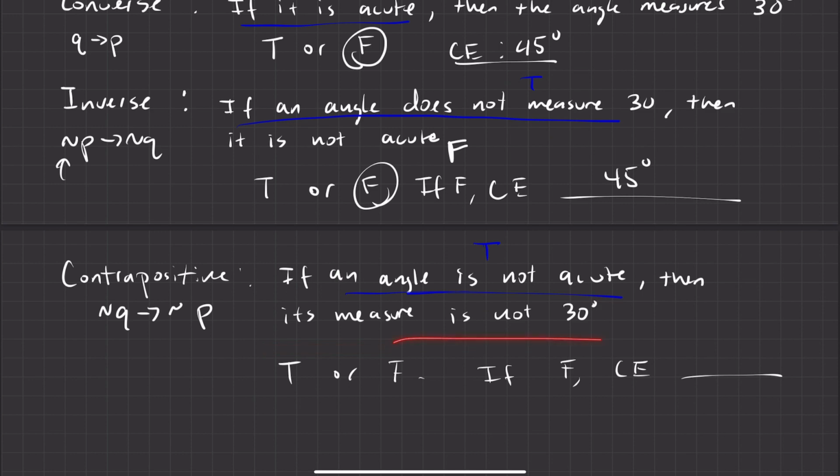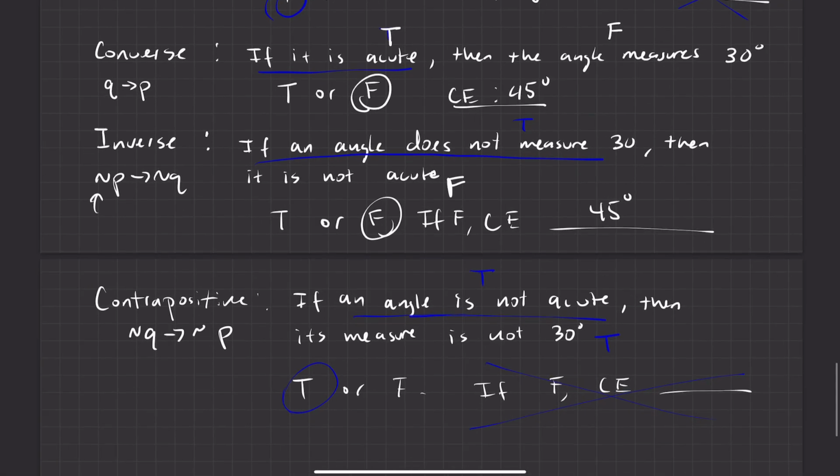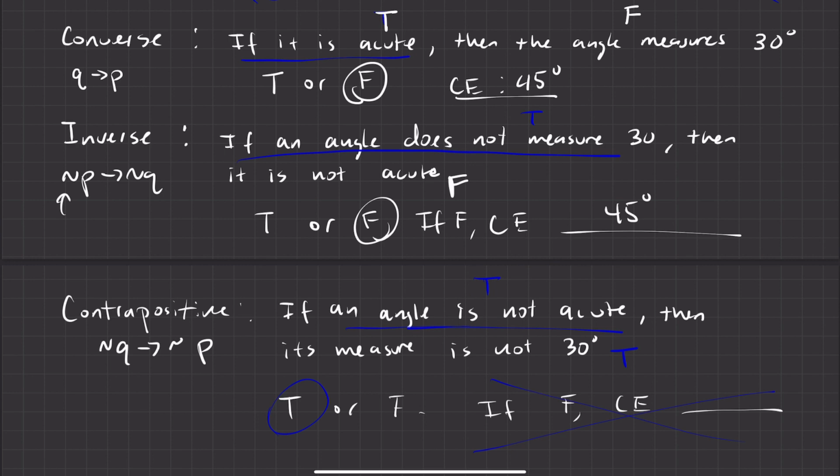It can't be 45. It can't be 65. It can't be 78 if I wanted to. So if an angle is not acute, it does mean that it's not 30 degrees. Okay? So that is absolutely true. So therefore the conditional is true. And I don't need to provide a counterexample. Okay? Alrighty. Good luck on your quiz.